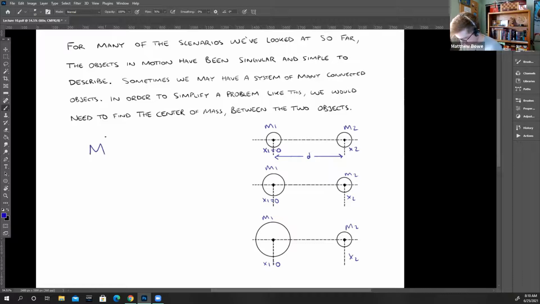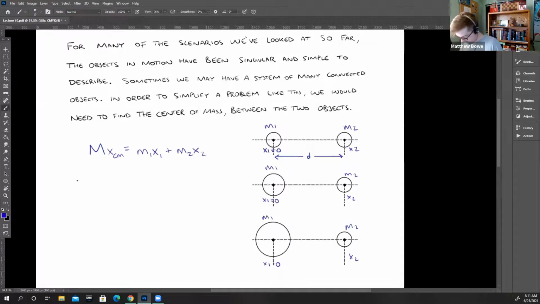So we have this capital M times the position of the center of mass is equal to m1 times the position of particle 1, plus m2 x2, like this.